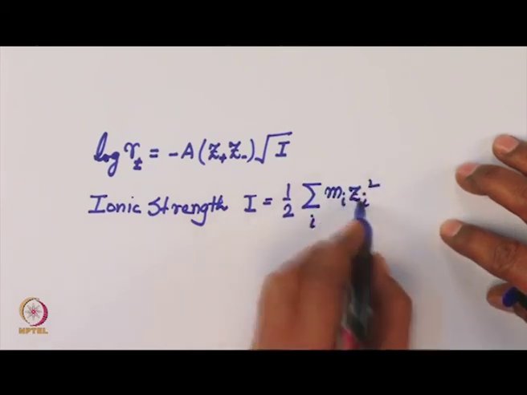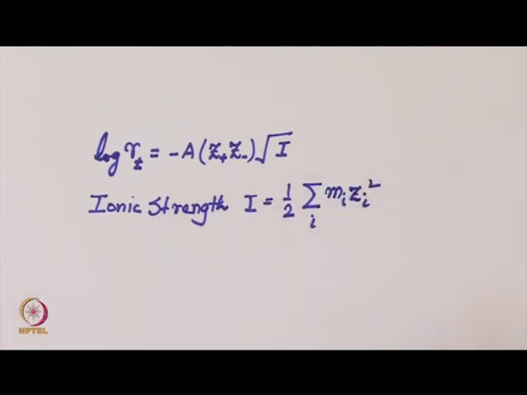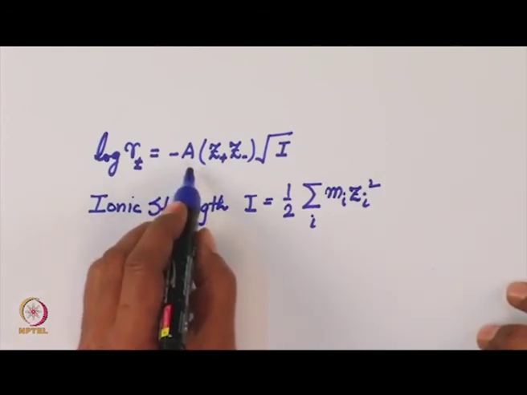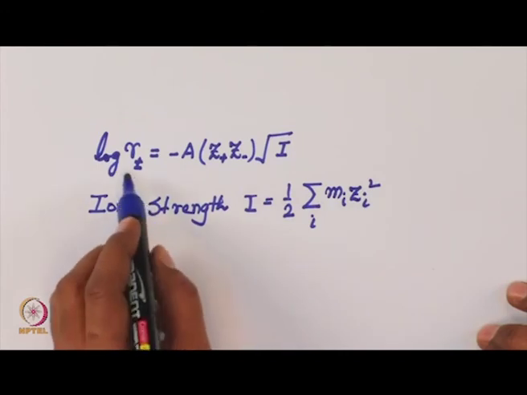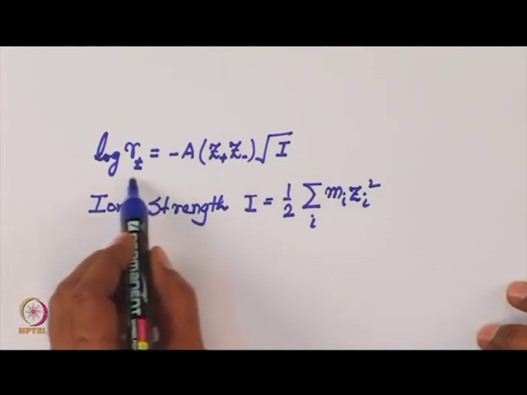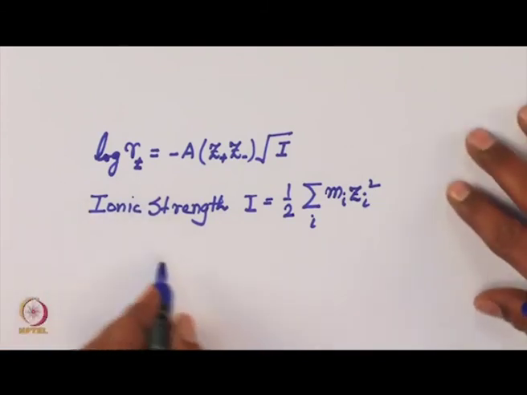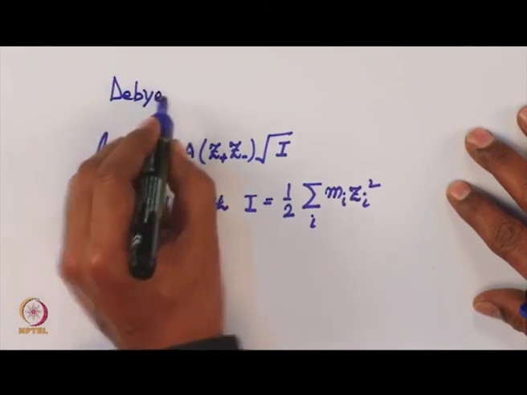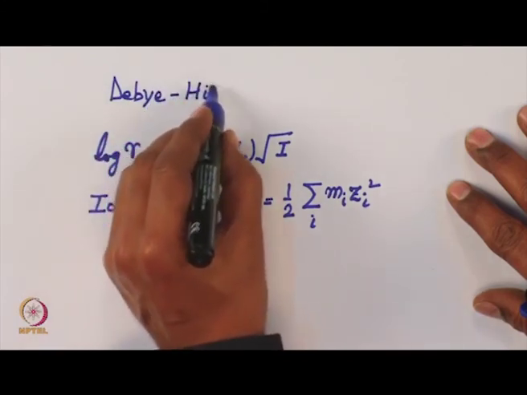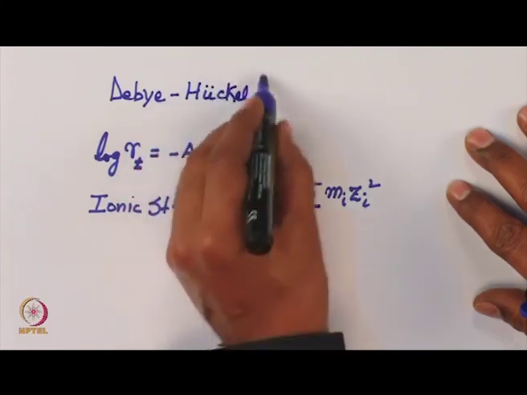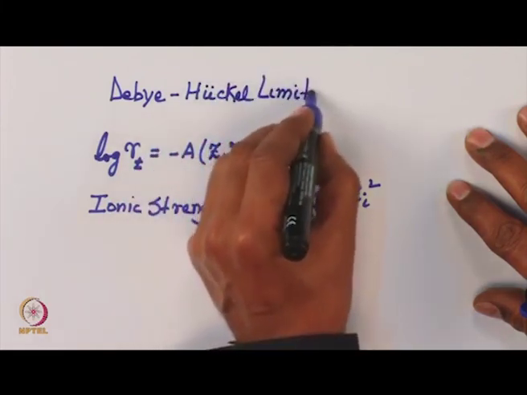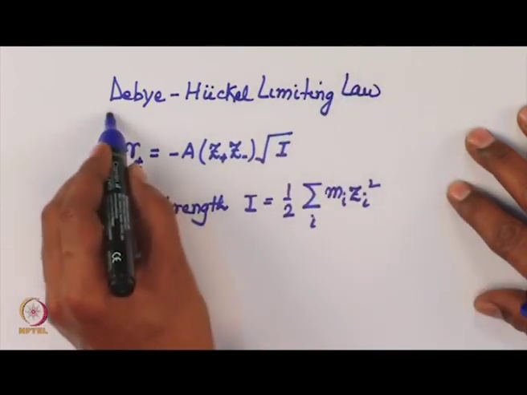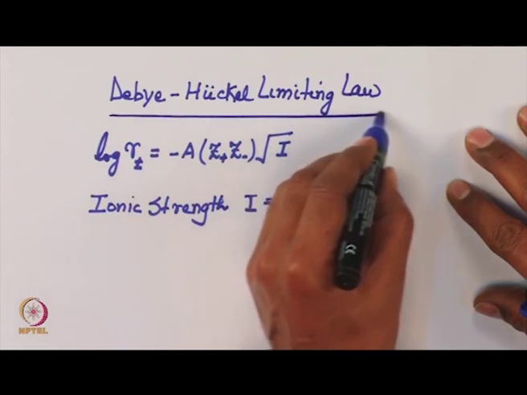M is molality, Z is charge on the ion, and A is a very weakly temperature dependent constant, and gamma plus minus is the mean ionic activity coefficient. So this one is the Debye-Huckel limiting law. Limiting law means applicable at very, very dilute molality.